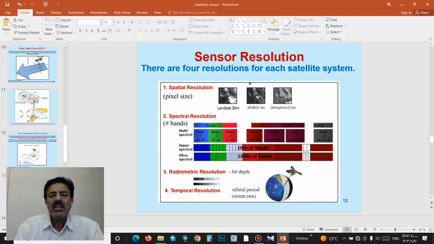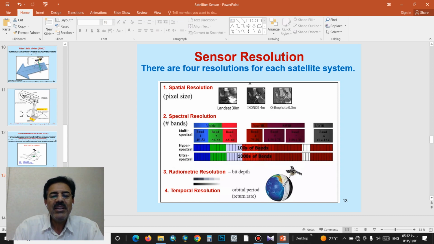But this slide, sensor resolution. There are 4 resolutions for each satellite. Number 1, spatial resolution, pixel size. Number 2, spectral resolution, equal to band number or number of bands.